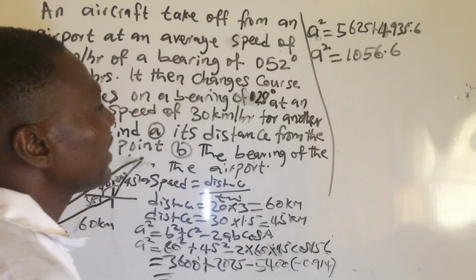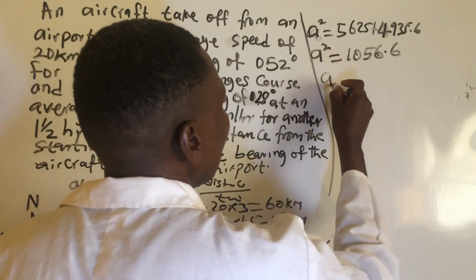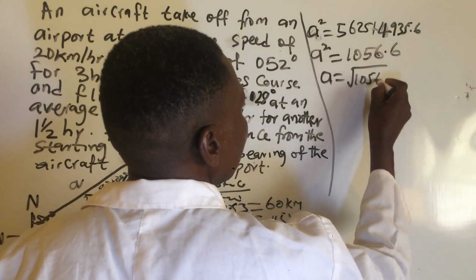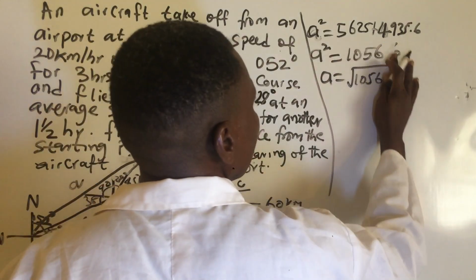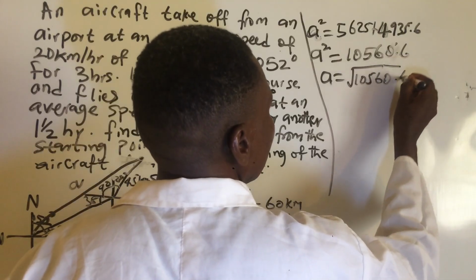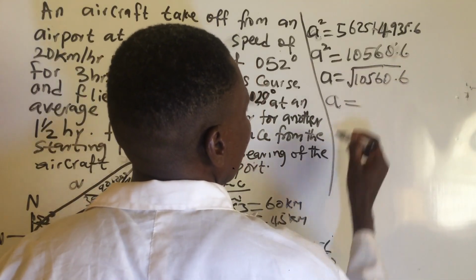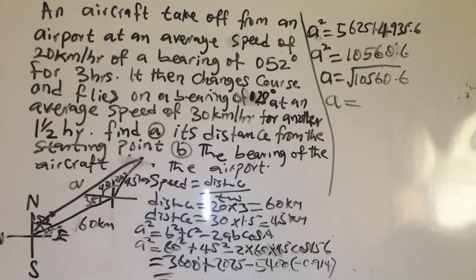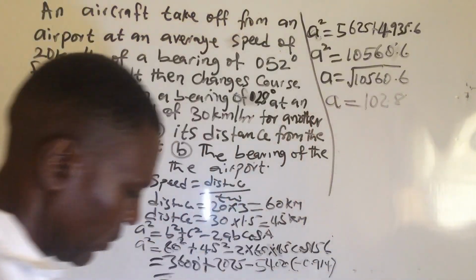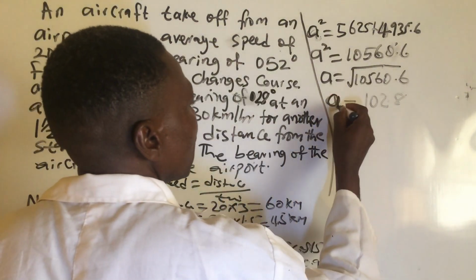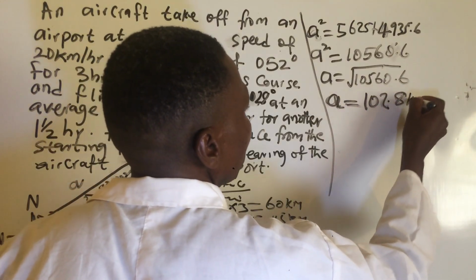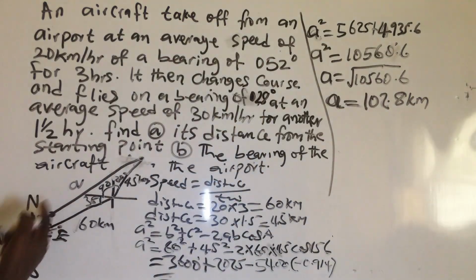Now finding the value of a, we have a equals the square root of 10,560.6, which will give us 102.8 kilometers. That is the distance of this place.